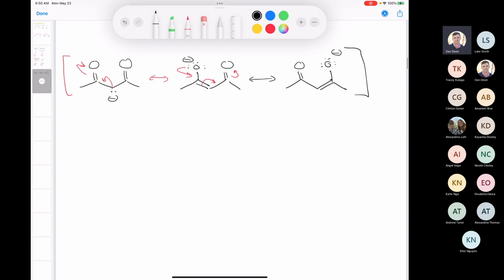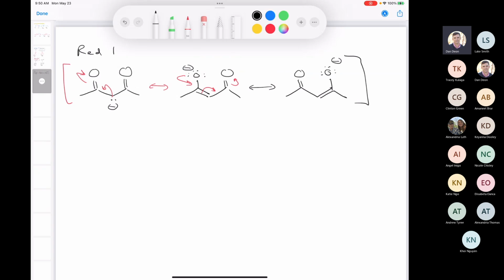So this is the red proton, whereas if we remove the blue proton, you end up with this carbanion, and there's only one resonance structure that you could draw for that, where you would put the negative charge up here.